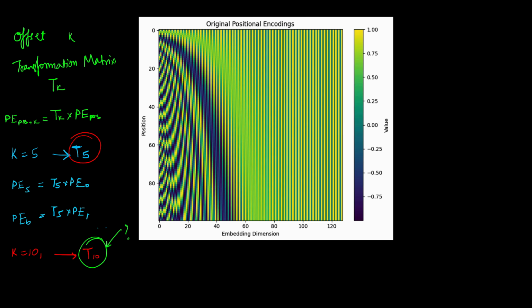Now there is one last missing bit that we need to understand. Earlier I mentioned that we concatenate the positional encoding with the word embeddings and pass this entire vector as an input to self-attention.